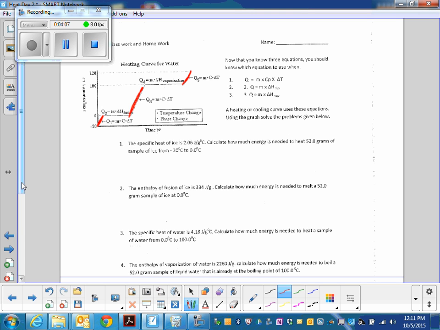Along the slopes, it's just a solid state, or just a liquid state, or just a gas state. Along the slopes, the state of the substance is a single state.